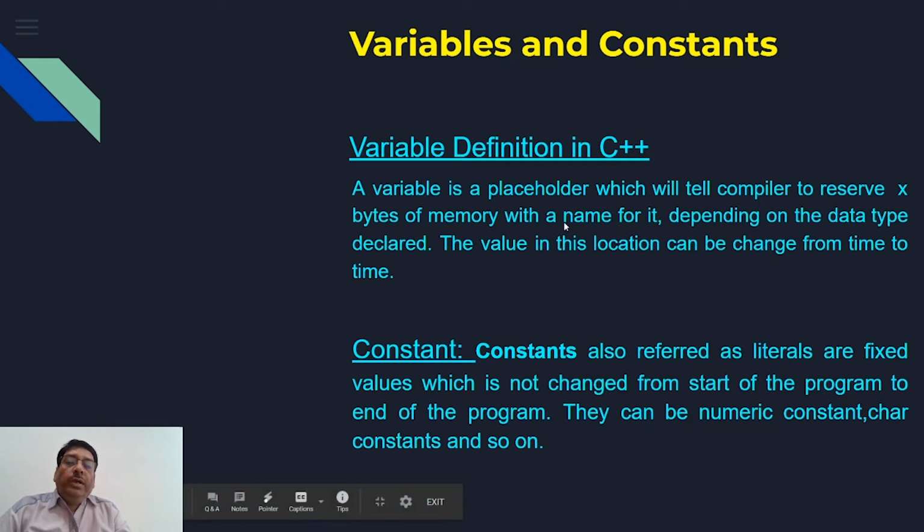If you are using your program on both the earth and the moon, then gravitational force is no longer a constant. So if the value is going to change from the start of the program to the end, you call it a variable, and if the value remains unchanged, you call it a constant.